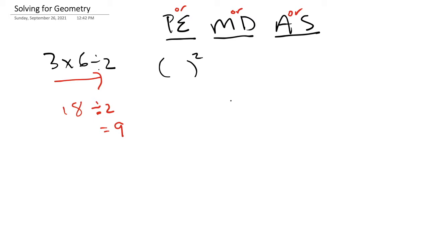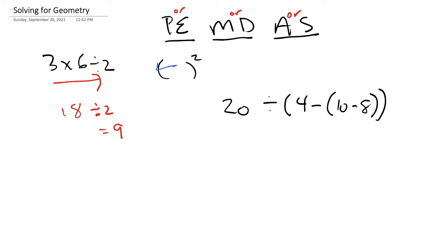We could have something a little bit more complicated, like 20 divided by 4 minus (10 minus 8). It looks more complicated than it is. We ask, are there any parentheses or exponents? And there are parentheses. So you do the innermost parentheses first and you copy everything else down. 10 take away 8 is what's in the parentheses, that is 2.